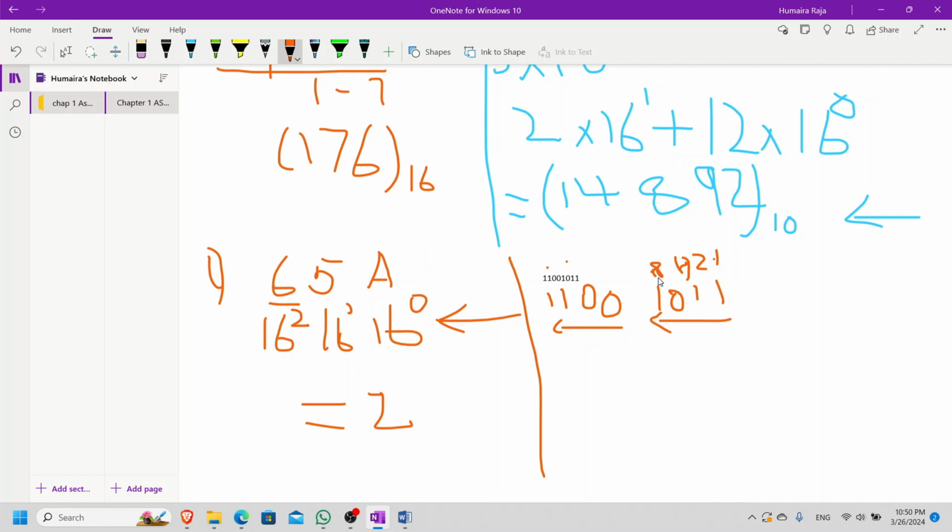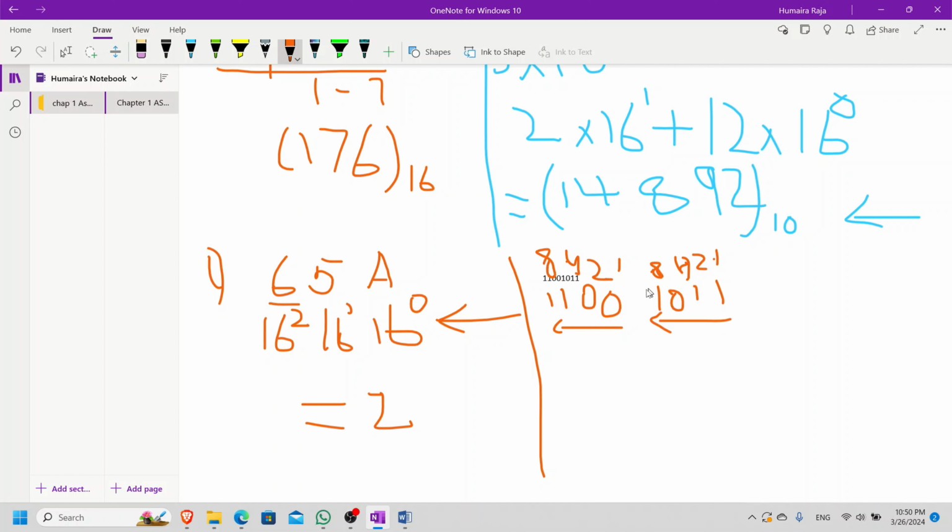Just memorize this sequence. When you give the powers from right to left and you are dividing into groups of 4, you always give these 4 powers, 1 2 4 8, and similarly repeat for the next group: 1 2 4 and 8.